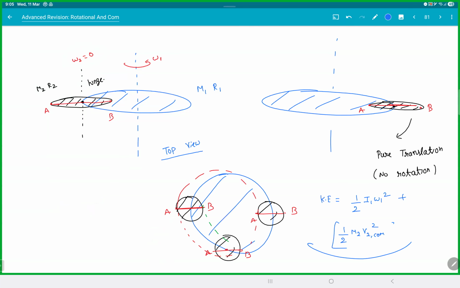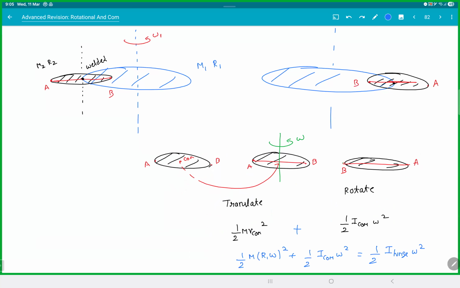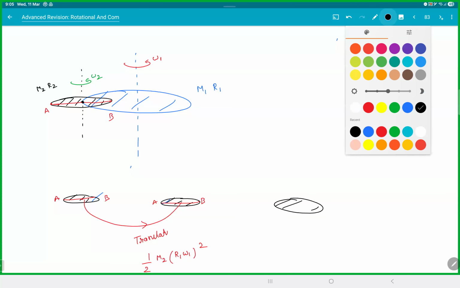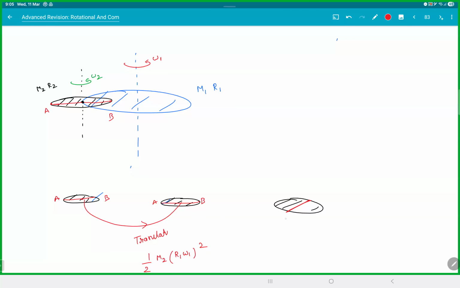You would have got only this term, no? There was no second term. But because it is rotating with omega 2, the AB line will not be any more straight. It will be in some other weird angle. So this line AB will be something like this. It will not be exactly in sync because of this omega 2.